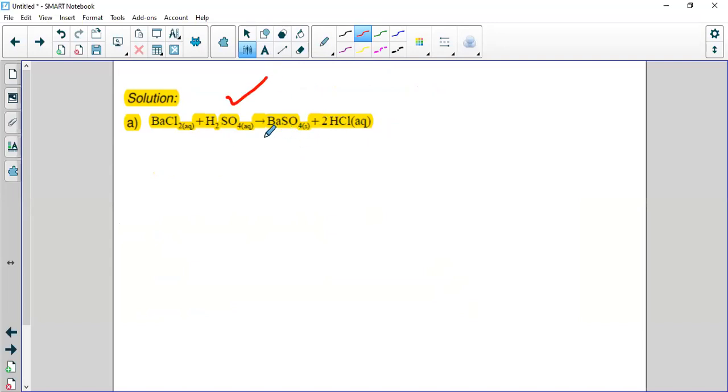Then you check your product, the formulas are correct, BaSO4 correct ratio, HCl correct ratio, you get a mark. Then balancing, putting a 2 here, you get a mark for balancing. Then 1 mark for the states. So your states must be correct, aqueous, solid, aqueous, you get a mark. So it's going to be about 4 marks for that.